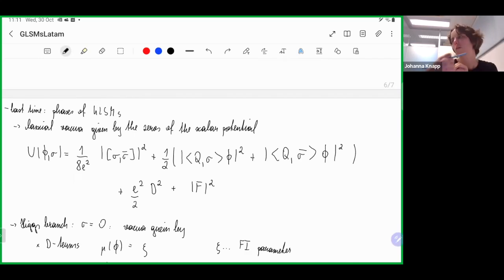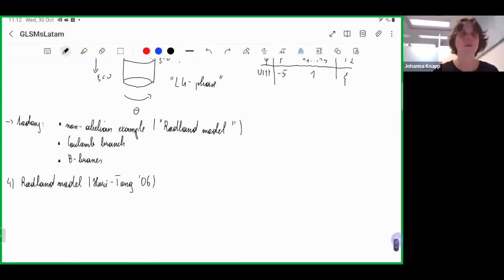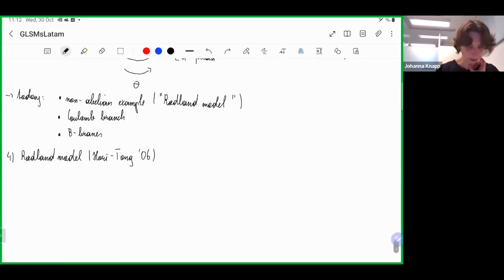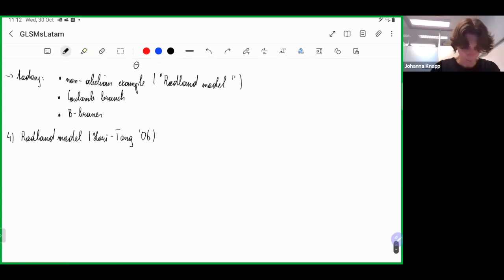So the Coulomb branch will have a very different flavor, and at least a third, maybe even more of the lecture will be about discussing that. And then if there's time, I will start the discussion on D-branes, which then leads us to the categorical mathematics hidden by the GLSM. All right, so let's dive right into it.